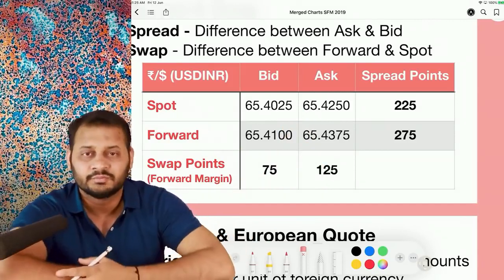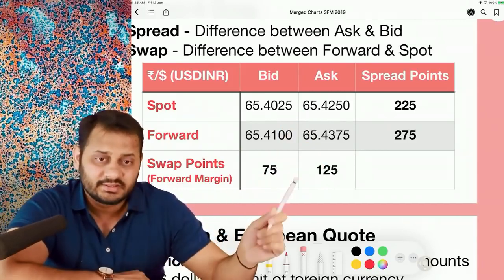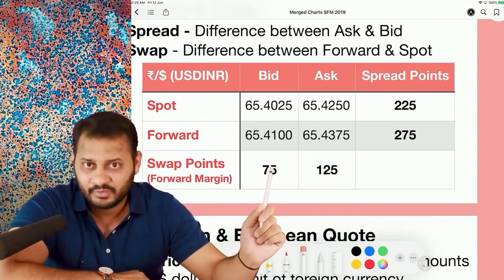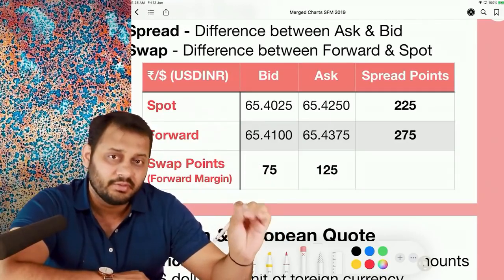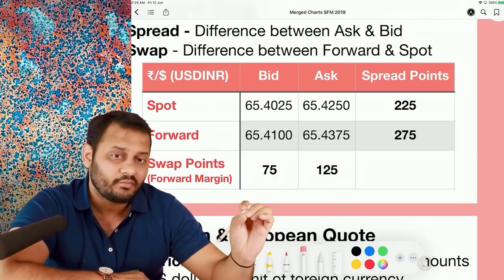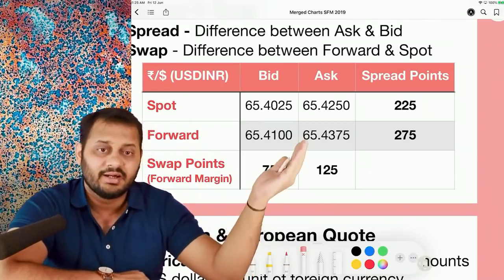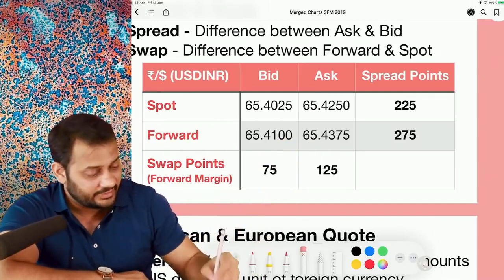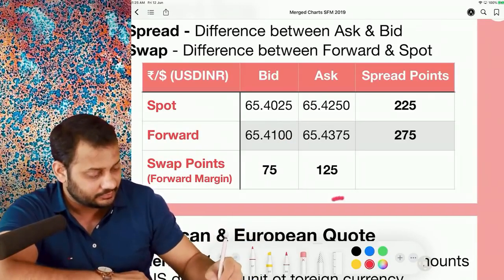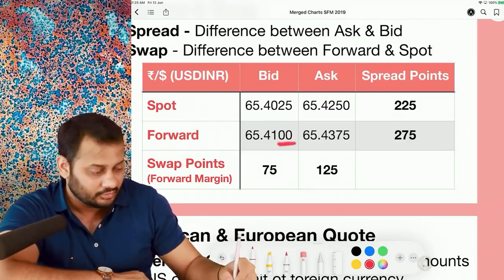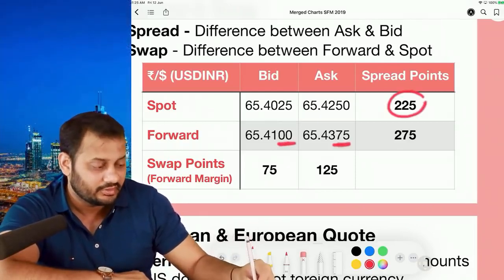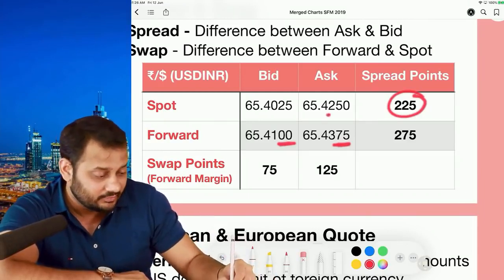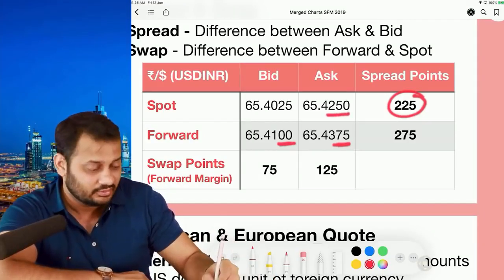Getting it? Now please understand whether this is a swap point or a spread point, it has to be added from the last digits of the bid and ask. So these 75 will take place on the last 2 digits, or if you take two spread points, then this will be applicable in the last three digits.